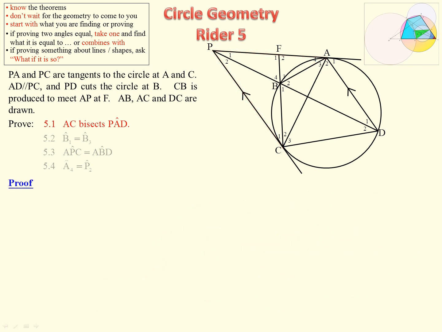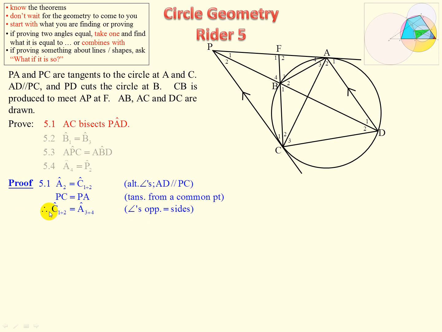So let's go to our formal proof. Step 1. A2 equals C1 and 2. Remember, that's part of our thought process, alternate angles, and we state the parallel lines. Then I'm going to say C1 and 2 equals A3 and 4.